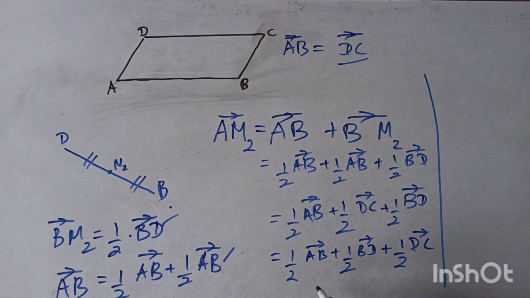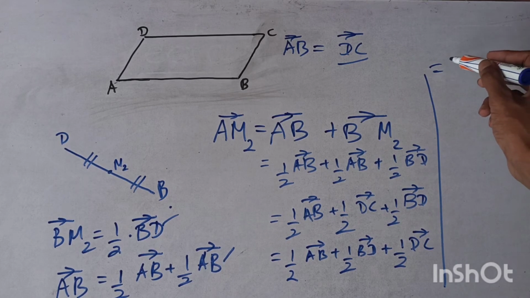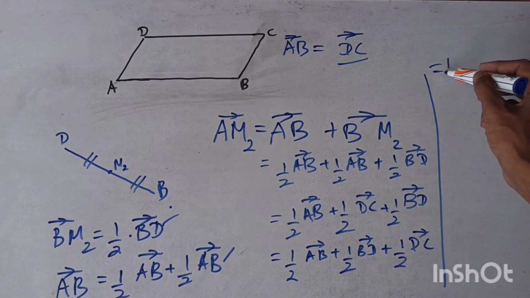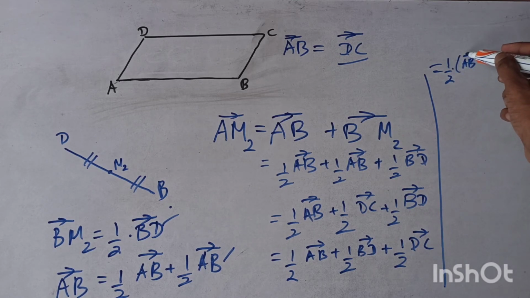Now we have half as a scalar coefficient in three vectors, so we can take it out like this. Now we have vector AB plus vector BD plus vector DC.